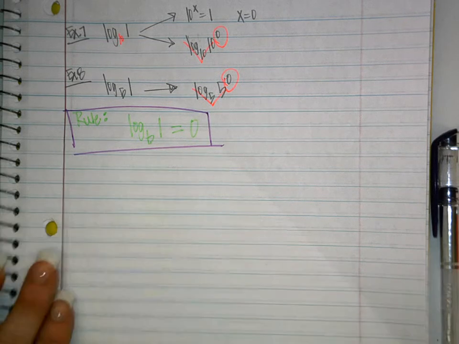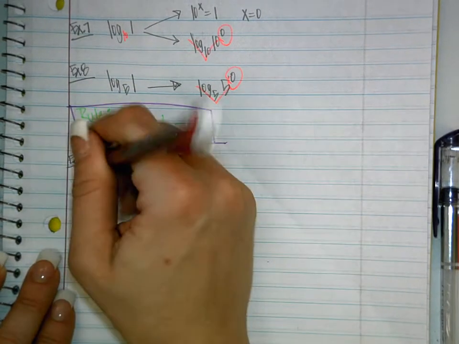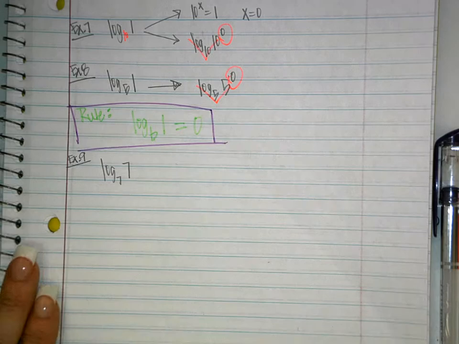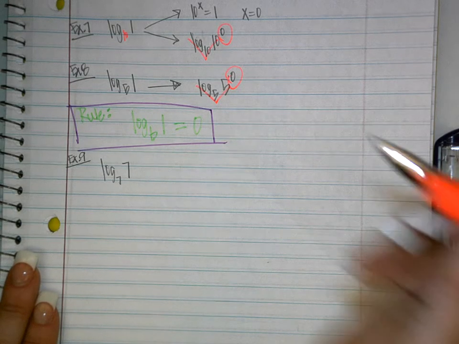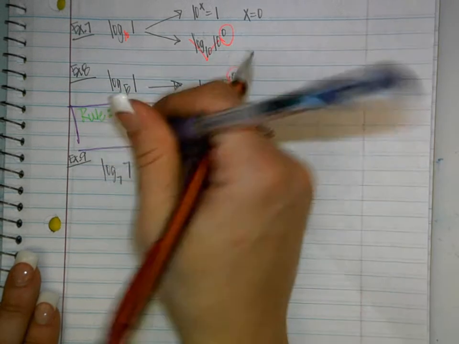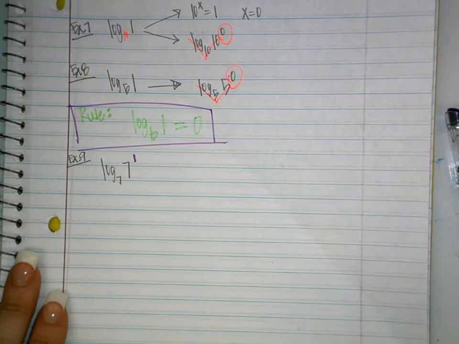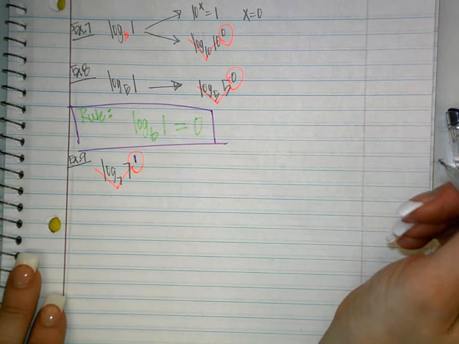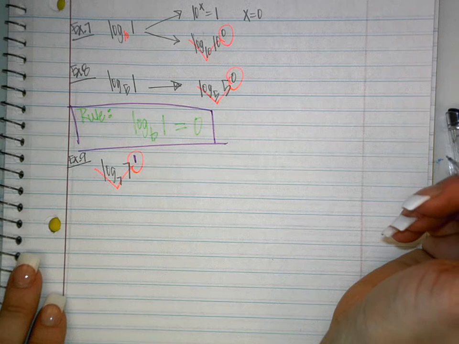Okay, try another one. I know these are kind of long, but you'll live. Try log base 7 of 7. What is log base 7 of 7? What's the missing exponent there? This is missing an exponent of 1. Okay, it's like an invisible exponent. This can be a seagull problem. This goes away, answer is 1. And that's it. Okay, those seagulls are going to come in handy if you remember them.